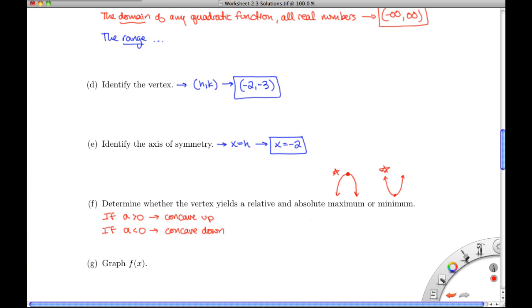Now, in our case, we know that our a value was equal to -1. So since a is negative, we can conclude that our parabola is concave down.